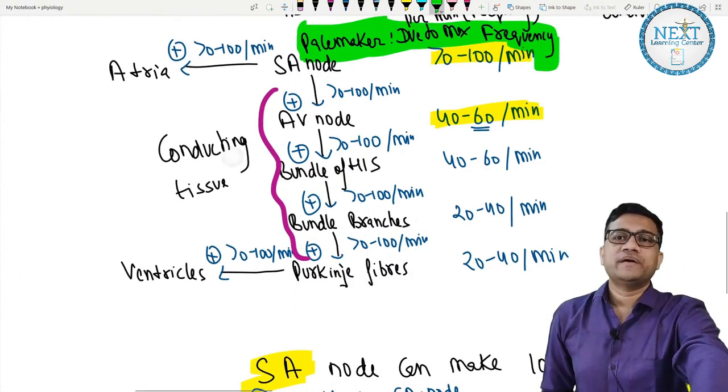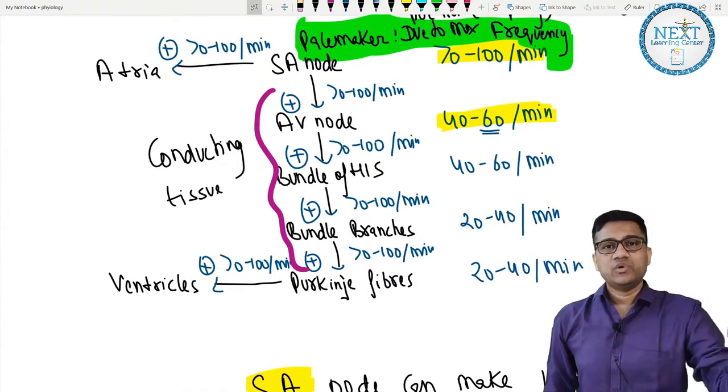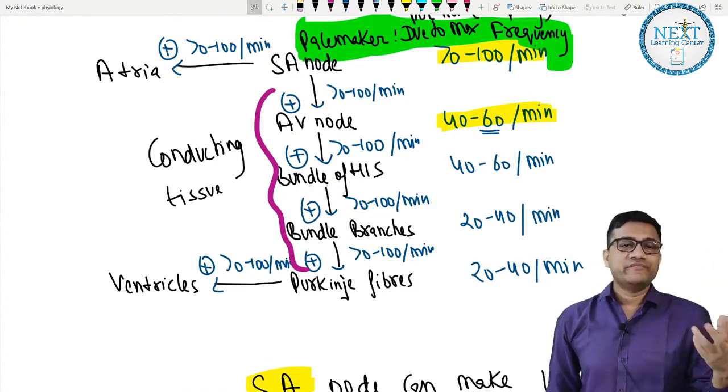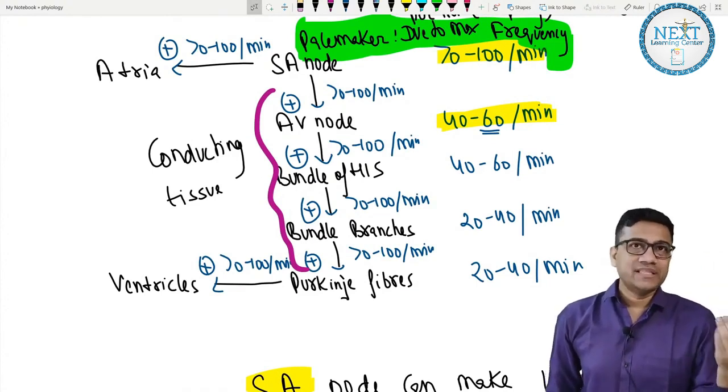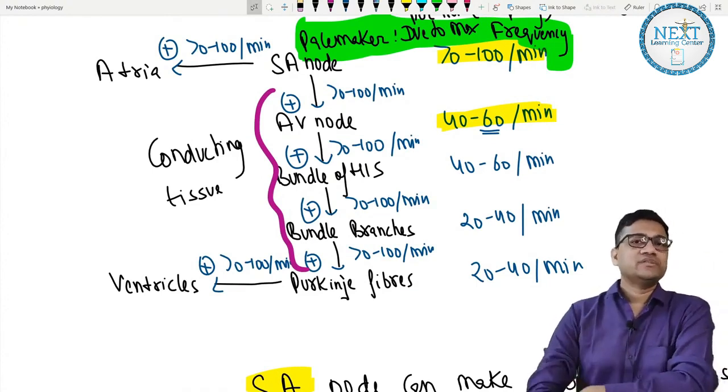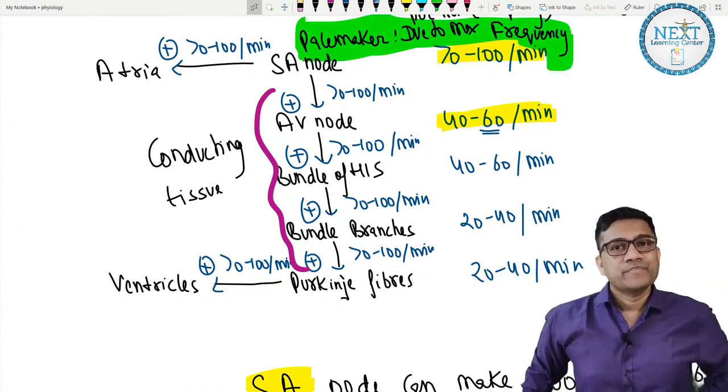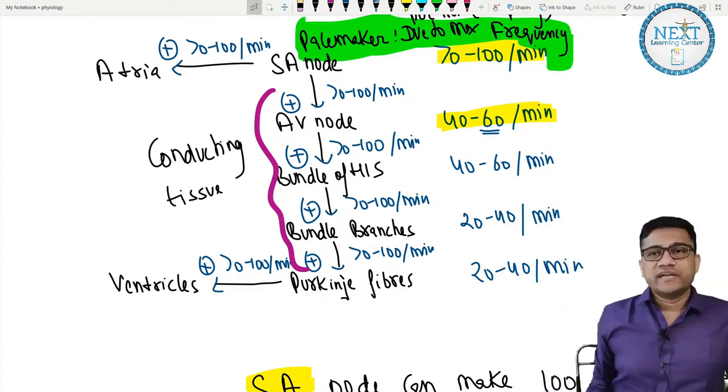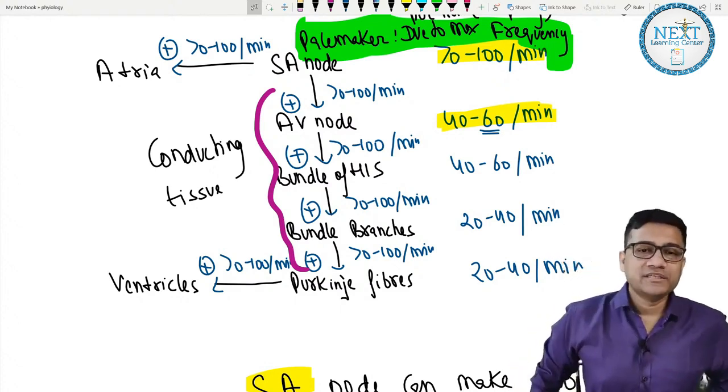So what is the pacemaker? It is SA node. So it is the SA node which is the pacemaker in this particular case. So these are the conducting tissues, and this is the pacemaker tissue.